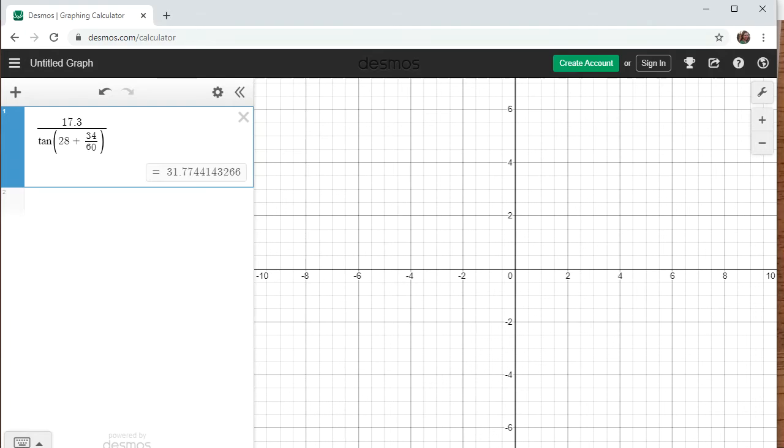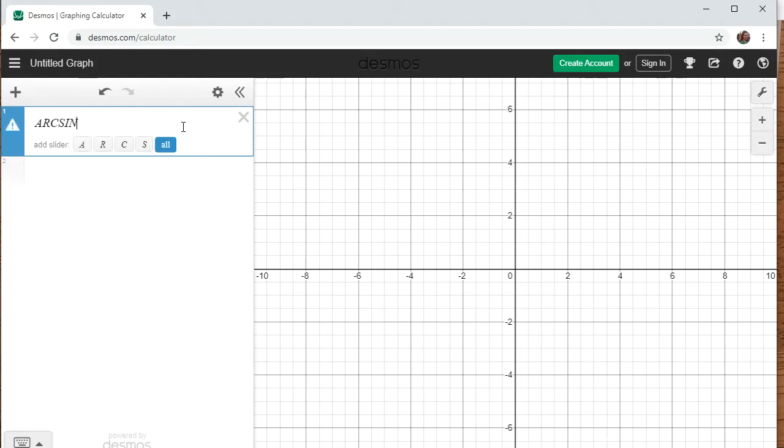Alright, so there's my Desmos window. I need to do arc sine, and again I can type this as ARC-SIN of 475 divided by 850.